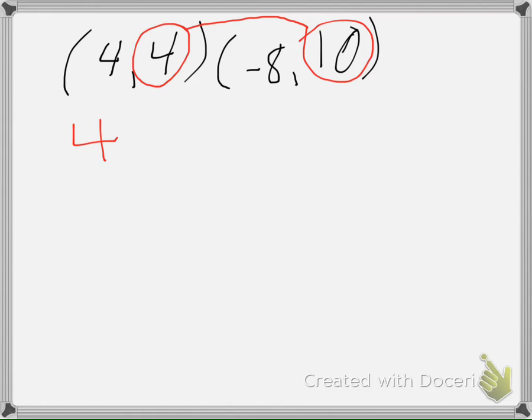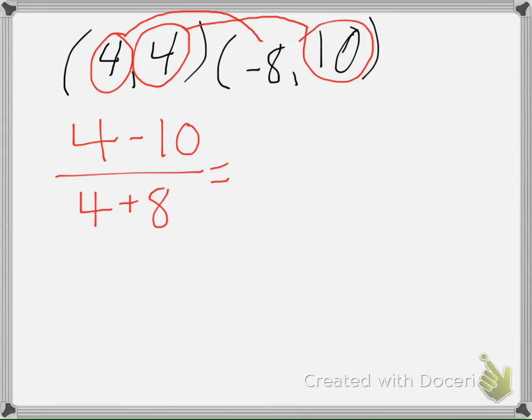I'm going to do 4 minus 10. And then change in x would be 4 minus -8, which of course means 4 plus 8. So I end up with -6 over 12. So this has a slope of -1/2.